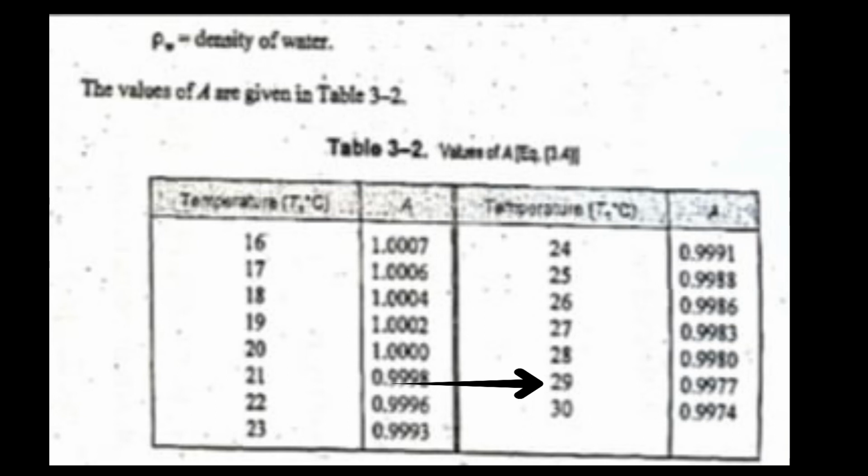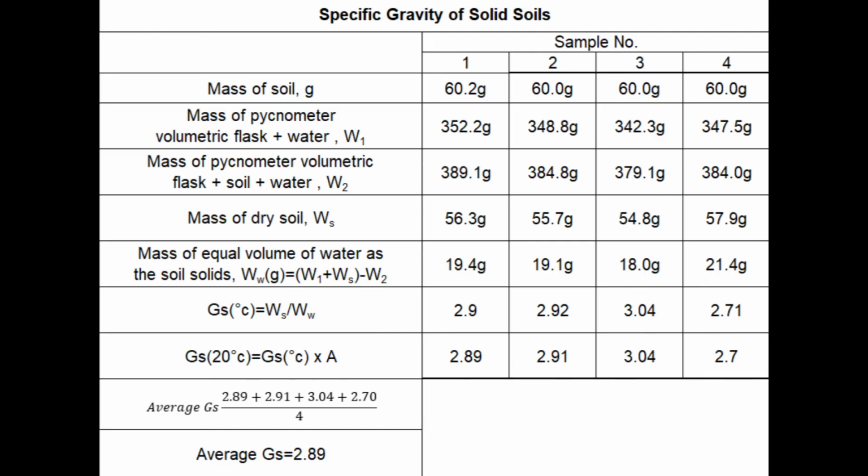So we multiply the specific gravity of samples number 1 and number 4 by 0.9974, while for samples number 2 and number 3, we multiply the specific gravity by 0.9977.